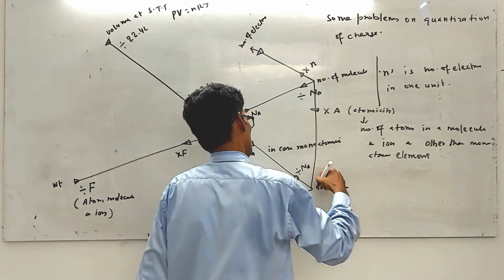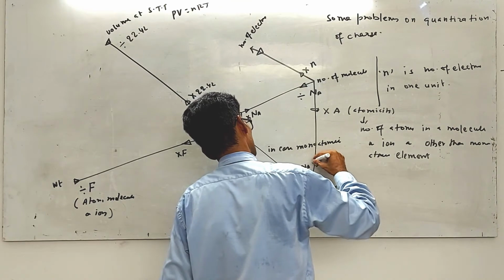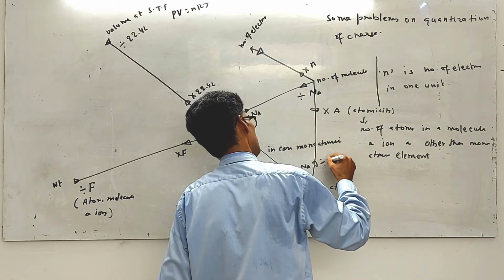So if we go from atom to molecules, then obviously we have to divide by the atomicity.